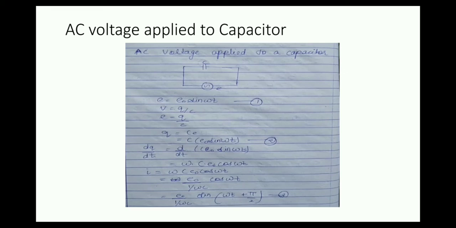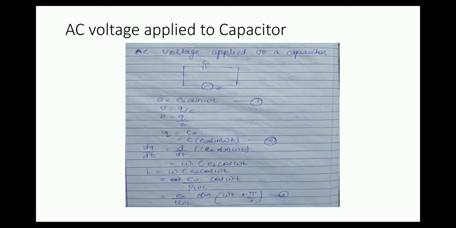The potential difference across its plates is given by V equals Q by C. This potential difference is equal to the instantaneous value of the applied EMF, given by E equals Q by C. So Q equals C into E, and E is given by E0 sine omega t from equation number 1.